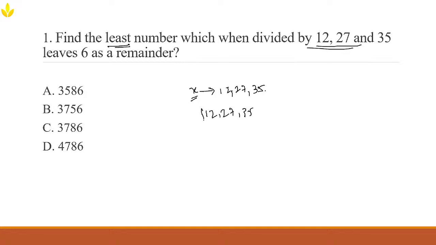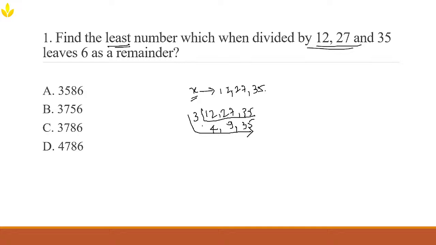In the L method we can go with 3. 3 fours are 12 and 3 nines are 27. 35 is not divisible by 3, so we will keep it as it is. And 4, 9, 35, there is no common factor between those. So in the end we multiply all these numbers to get the LCM.